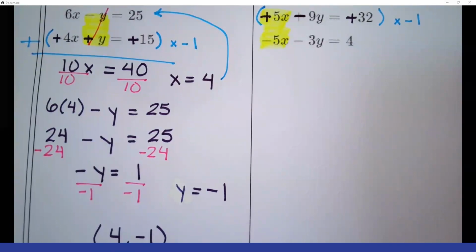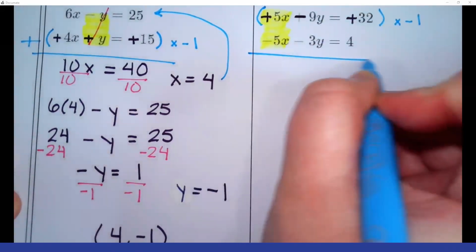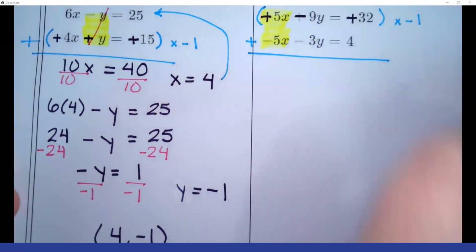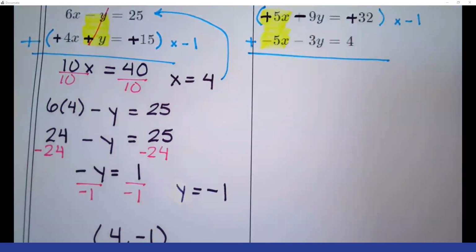If you want to try this, Daniel, by multiplying the bottom one, you can. We'll get the same answer. So if you want to try that, feel free to. All right, guys, I'm going to let you guys take over. Add those together and solve for y. So take a minute or two, add those together and solve for y.